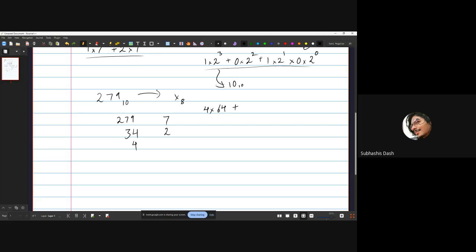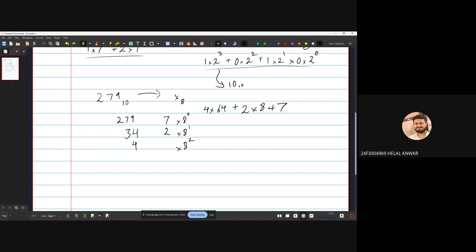Is it? Yeah, 23. So that is 2 times 8 plus 7. Yeah, so the method that we got was correct, except this is 8 to the power 0, this is 8 to the power 1, and this is 8 to the power 2. So basically, just count how many digits are there, reduce that by 1, and then keep going as a progression.